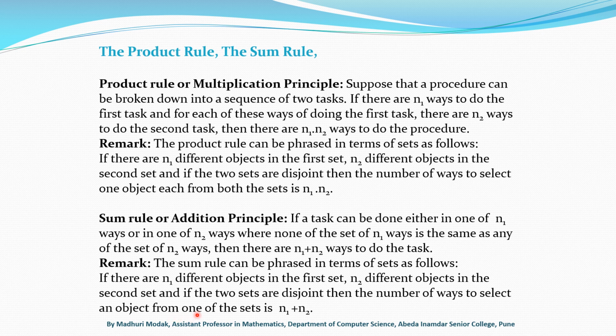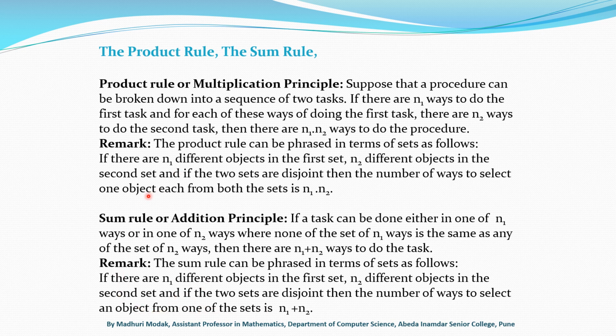Now see, alternate way of stating sum rule is suppose there are two sets, first set containing n1 different objects and second set containing n2 different objects, and the two sets are disjoint. Now if we want to select one element either from first set or from second set, then in how many ways we can do it? It is n1 plus n2.